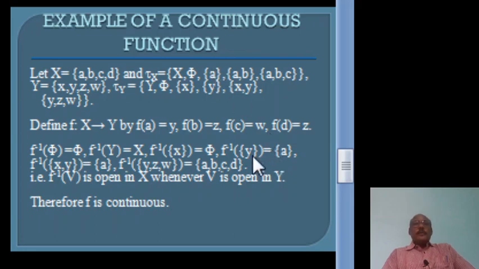Then the next open set in Y is X comma Y. Let us find F inverse of X comma Y. F inverse of X comma Y is the set of all points in the topological space whose image is either X or Y.